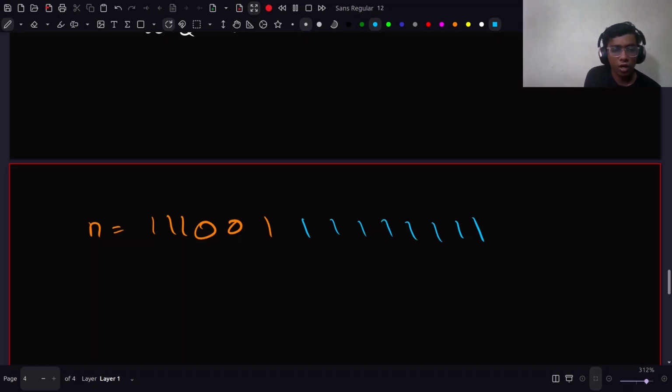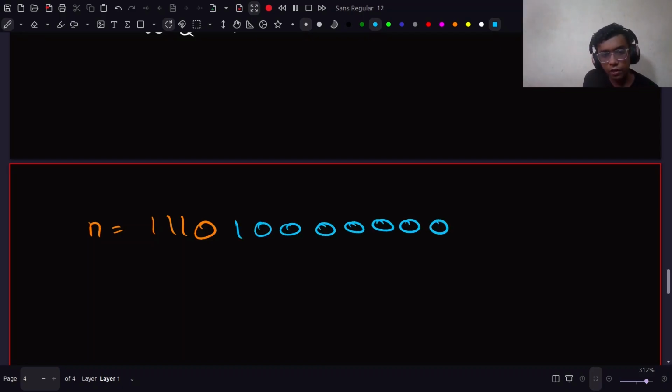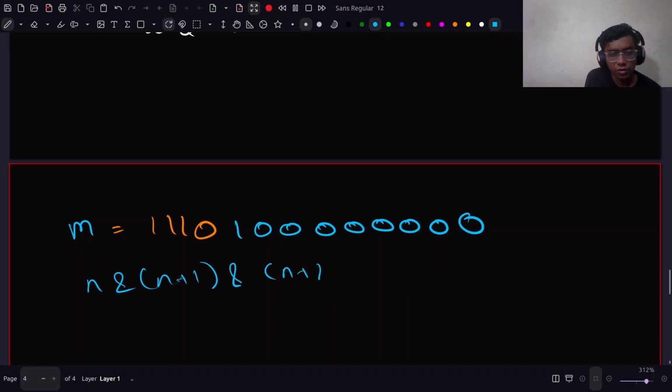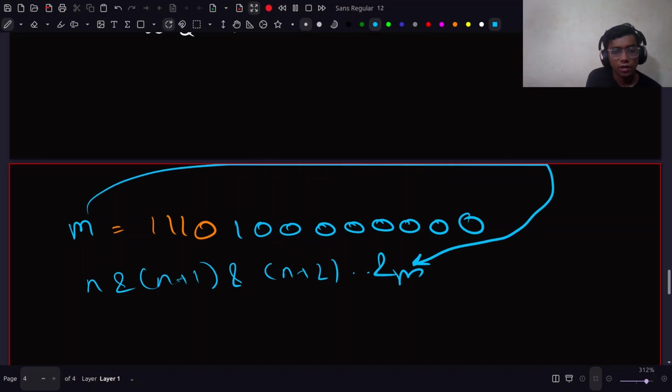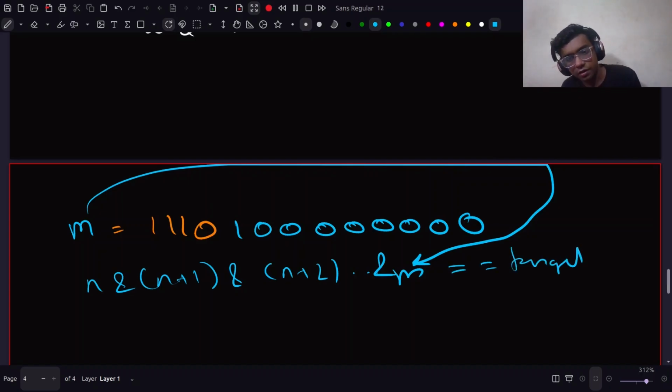And when you finally add one last time, it becomes some number like this, which finally is going to be our m. So if you do n and n plus 1 and n plus 2 all the way to this number m, then and only then can we get our target.